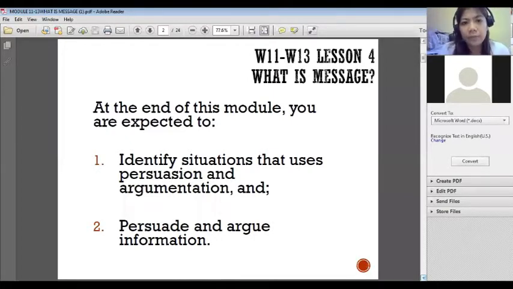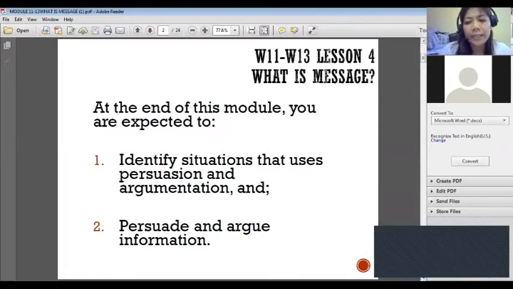So I'll repeat for this particular day's discussion. At the end of the discussion, you are expected to identify situations and scenarios wherein you could use persuasion and argumentation. For the upcoming election, politicians could use persuasion, and for argumentation, you could use it in debate.